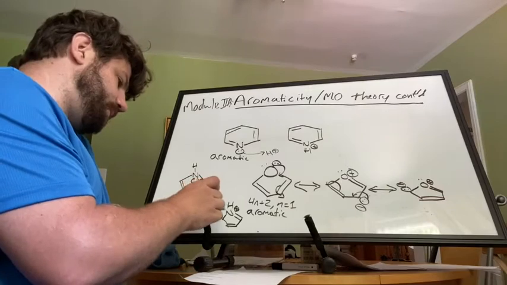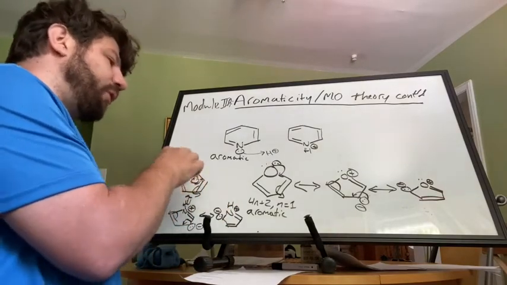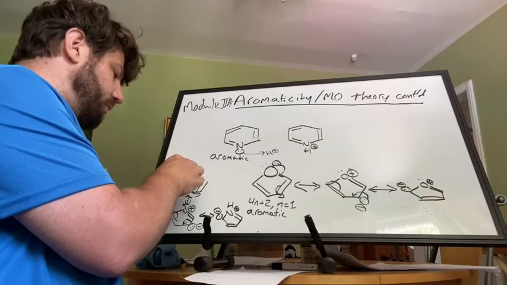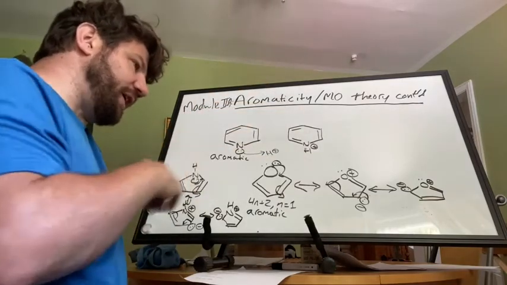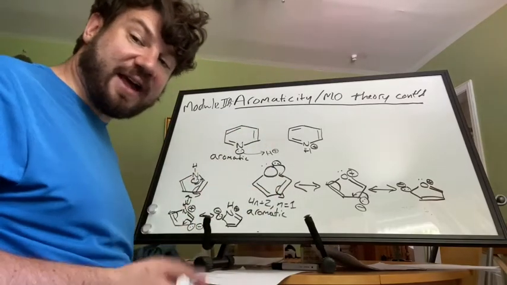So in other words, you can have some kind of charge separation from that lone pair feeding into the pi system. Remember that these things are going to happen really fast.